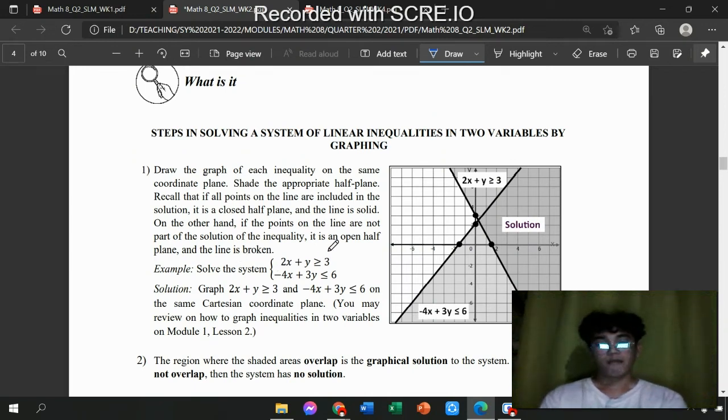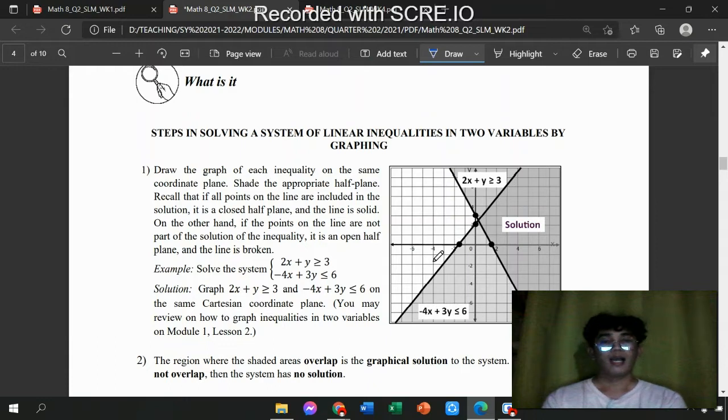So, if naka-remember mo sa atong module 1, di ba, gi-specify ato nga if ang gigamit is or equal to, less than or equal to, greater than or equal to, ang atong gamiton is solid line.